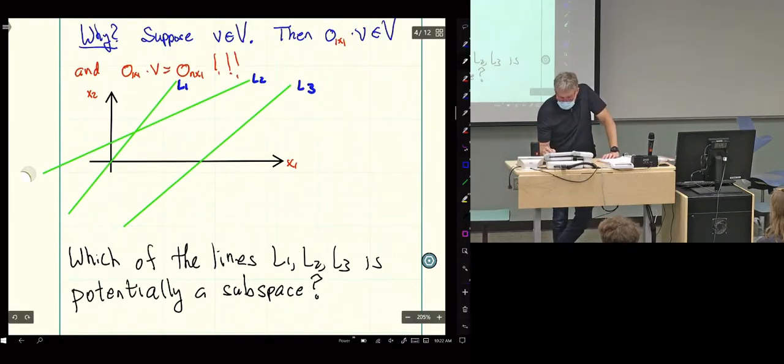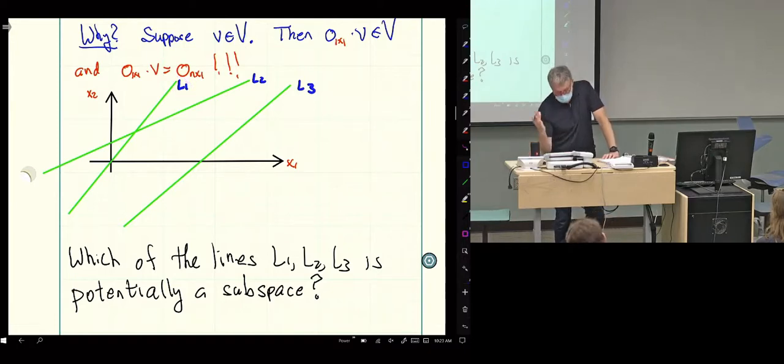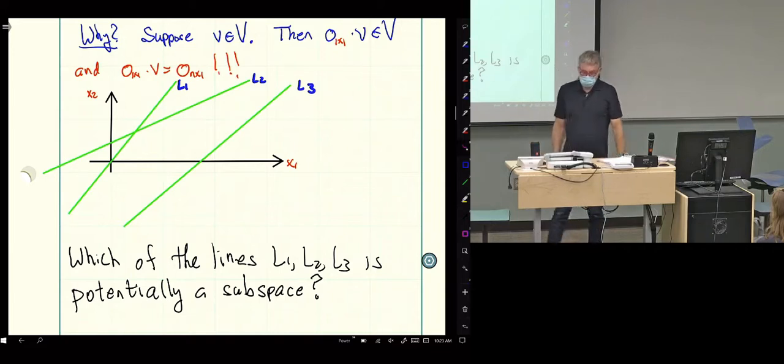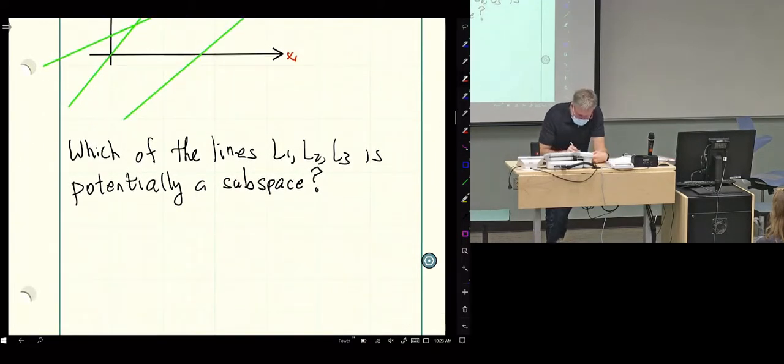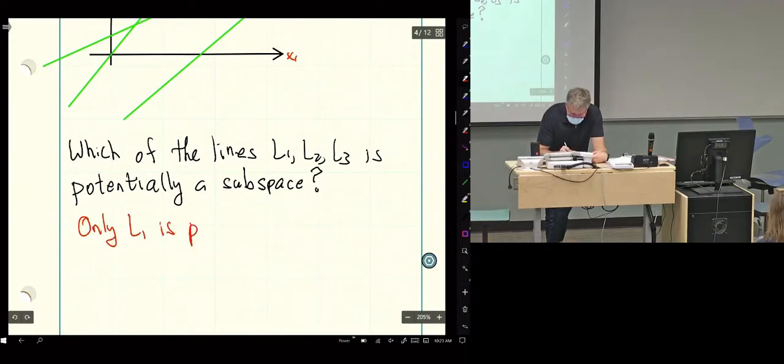Does L3 contain the zero vector? The answer is no. Does L2 contain the zero vector? The answer is no. And I worked really hard to make sure that L1 contained the zero vector. For me, that was almost a superhuman effort to get it to go through there. So only L1 is potentially a subspace. It actually is, but we're not going to check it now.